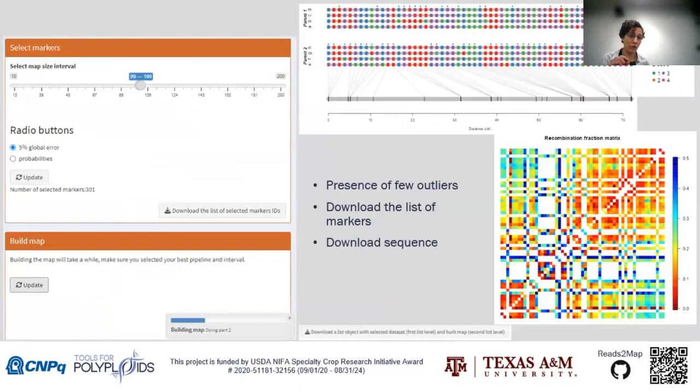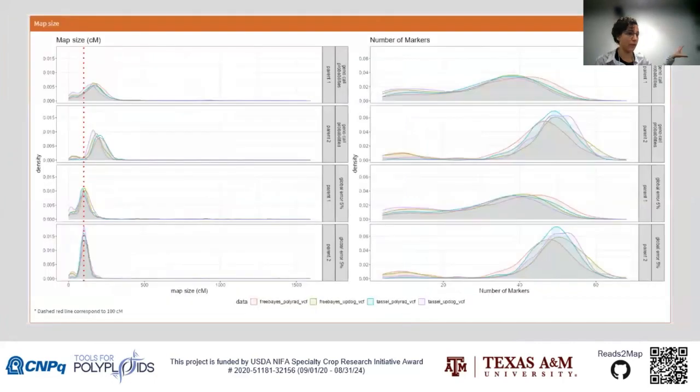And also the other idea was that, okay, we have some maps here that have the peak close to 100. Why don't we take a window like this, close to the 100, and get the markers that are common to all of these maps, because probably they are good markers.